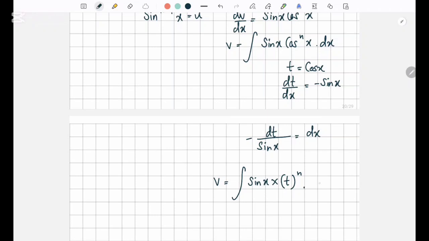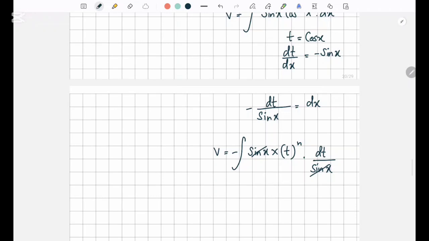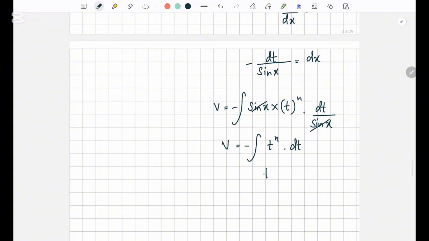Instead of dx I'm going to write dt over sine x, but don't forget the negative sign, which I'm going to write in front of the integral. Sine x cancels off, so v equals the integration of t to the power n dt, and this is t to the power n plus 1 over n plus 1 with your negative sign.